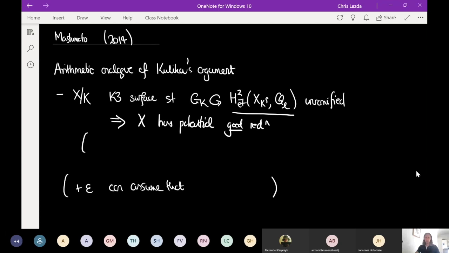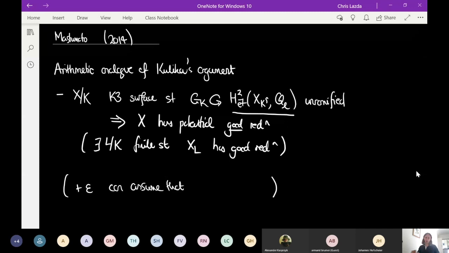So in other words, there exists some finite extension L such that the base change of X to L has good reduction. So this is the kind of precise arithmetic analog of Kulikov's result that I explained just now.